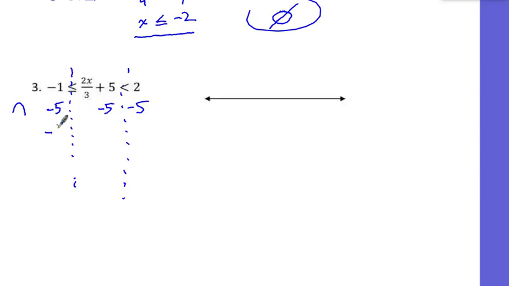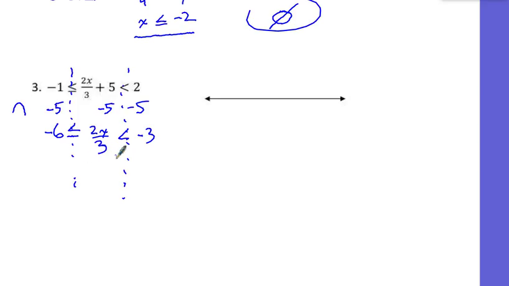So negative 6 is less than or equal to 2x divided by 3 less than negative 3. The coefficient on the x is 2/3.